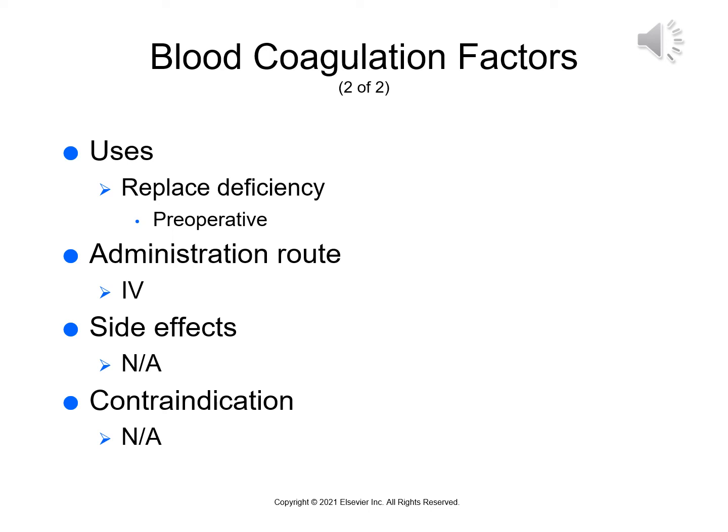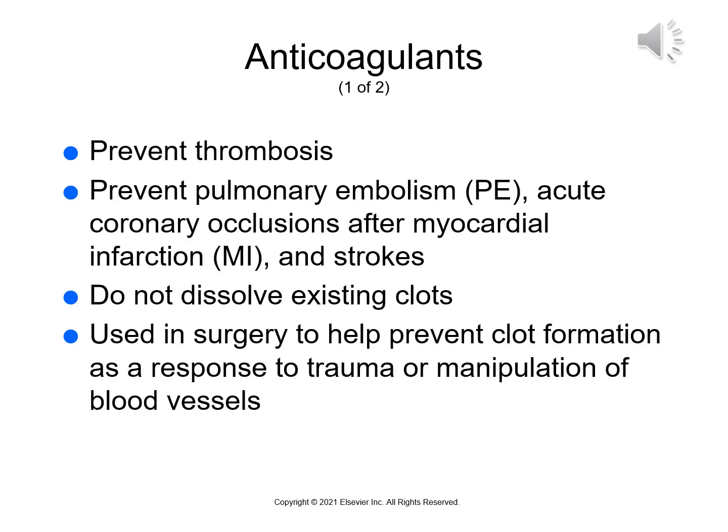So the agents that replenish the deficiencies in the natural clotting mechanism. So these are things that we can give people that act more like how the body would react to clotting. Okay, so preoperatively, coagulation factor 8 is administered to patients with hemophilia A, and factor 9 complex may be administered preoperatively to patients with hemophilia B.